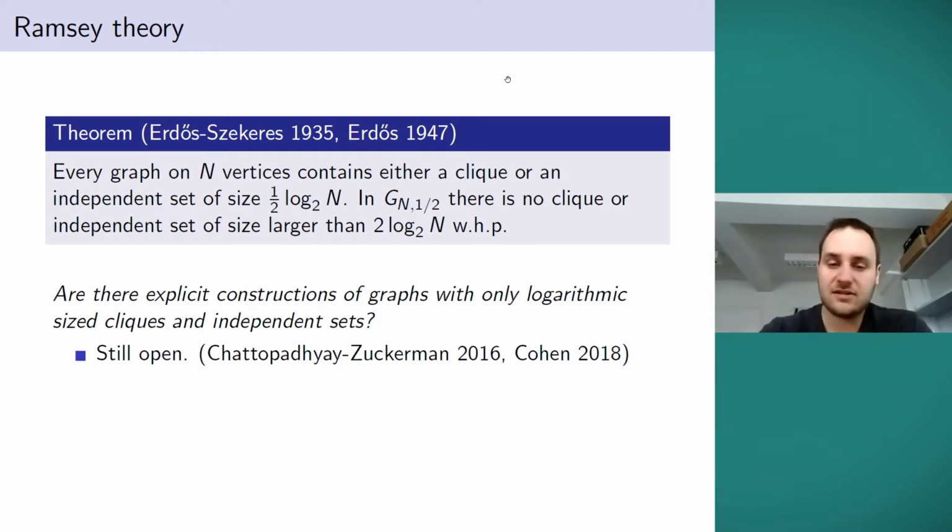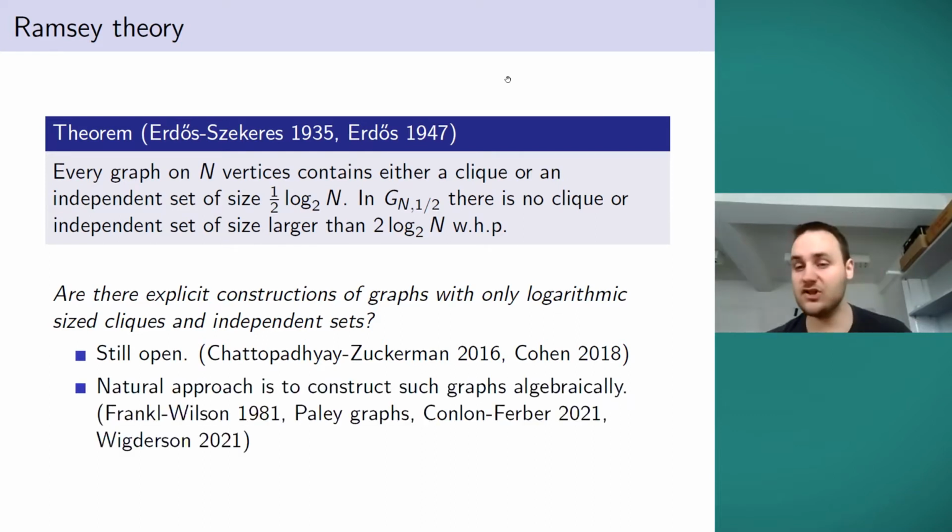Okay, but let's say that you want to construct such graphs which have good Ramsey properties, maybe not logarithmic, but reasonably good. Then what kind of techniques or ideas can you use to construct these graphs? One natural approach is to use algebraic tools.